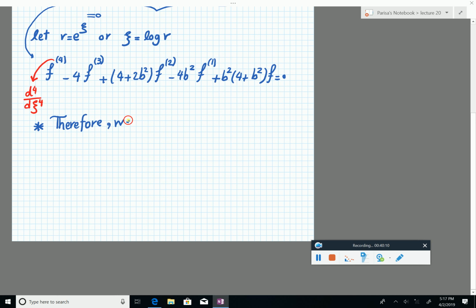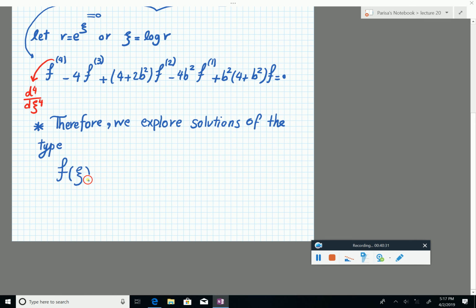So we explore solutions which have this form.